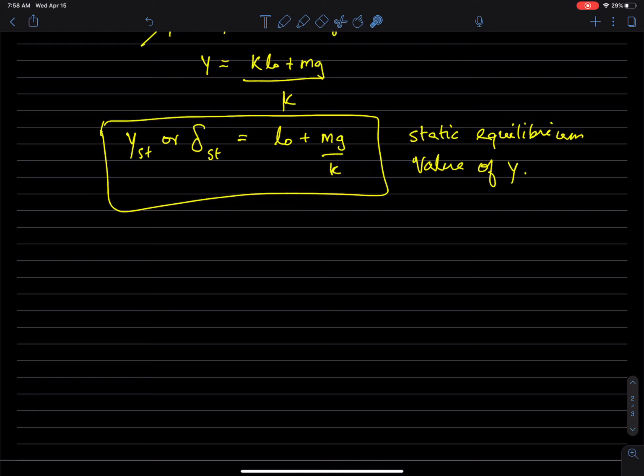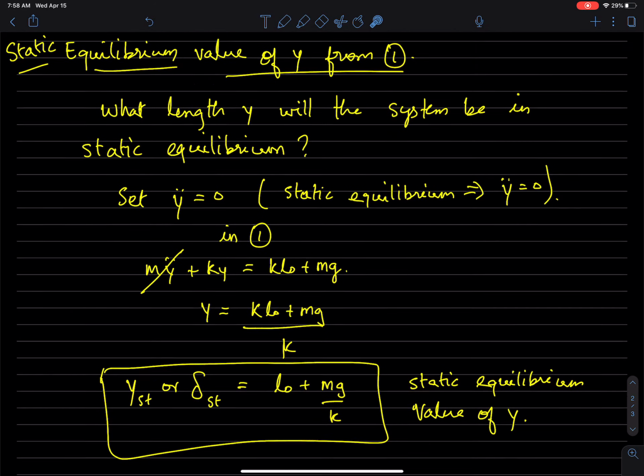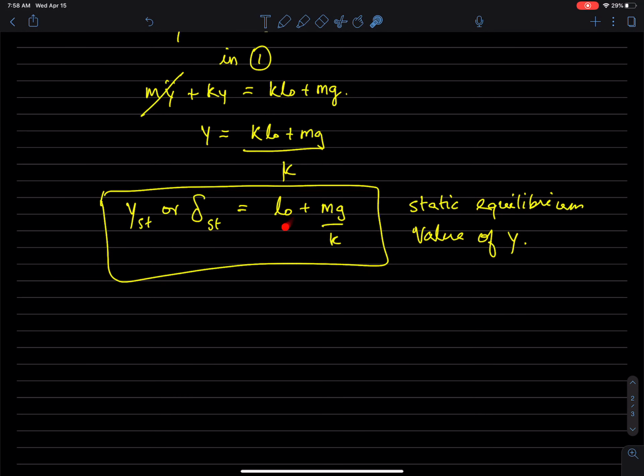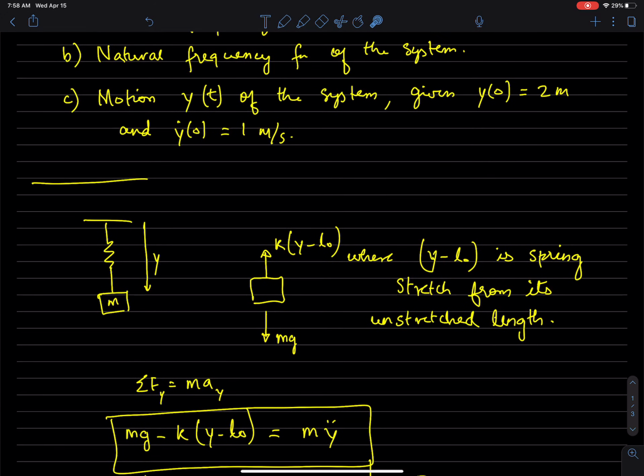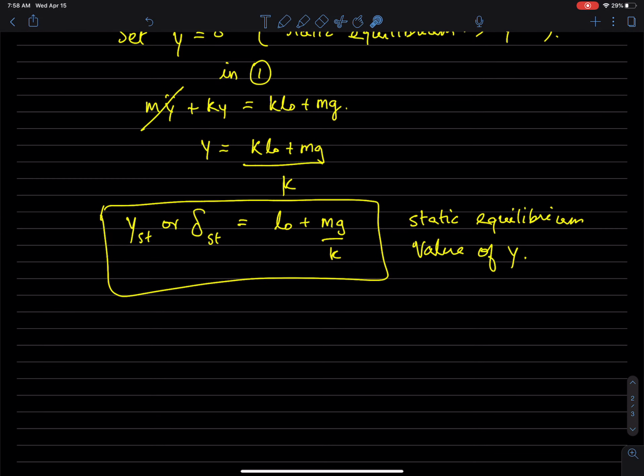Okay, so can we understand this equation or this expression? It's quite intuitive. Okay, so L naught is the free length or the unstretched length of the spring. So the spring will be at L naught if there is no force on it, but because m is pulling the spring down, the spring is going to stretch by mg by k, force divided by stiffness.